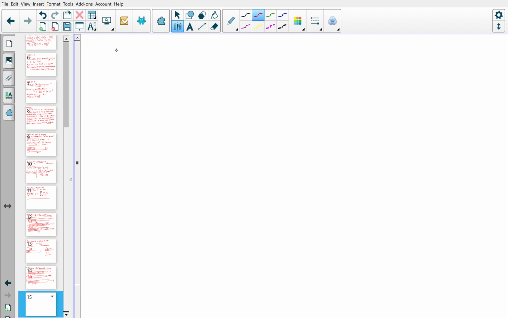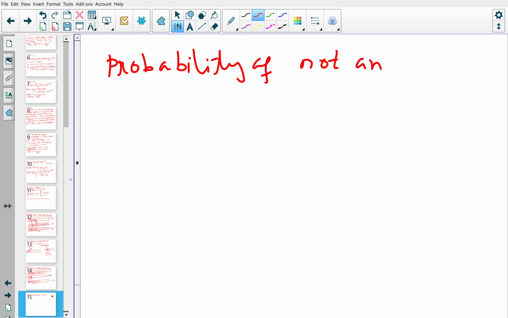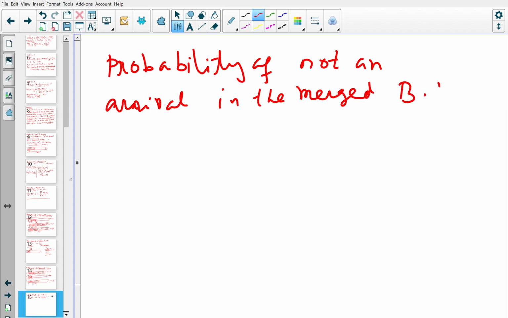So the probability of not an arrival in the merged Bernoulli process will be 1 minus p times 1 minus q, right?